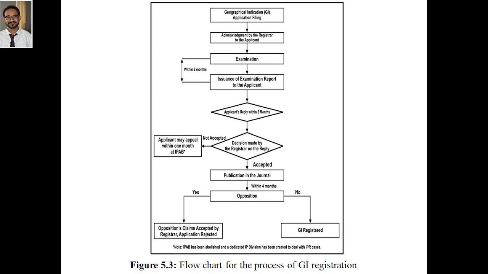Now IPAB is not there, it is dissolved. IPAB has been abolished, and a dedicated IP division has been created to deal with IPR cases. The power has been transferred to the high court, of whatever state or region they belong to. Okay, so that's the step.